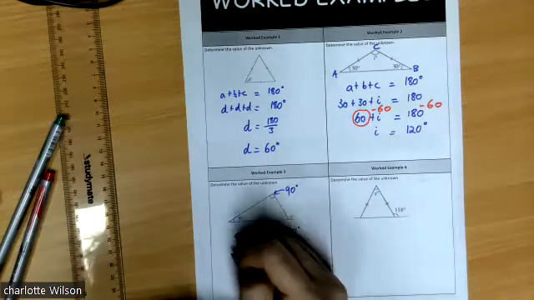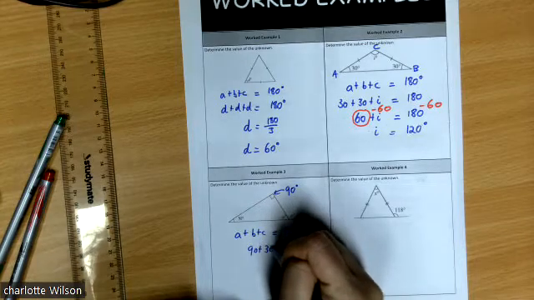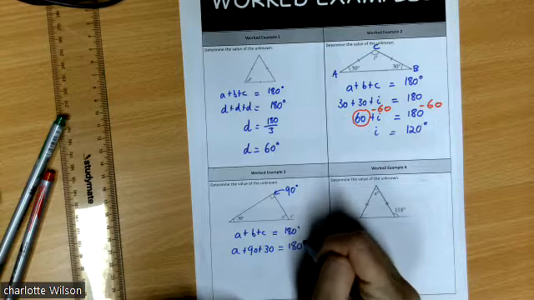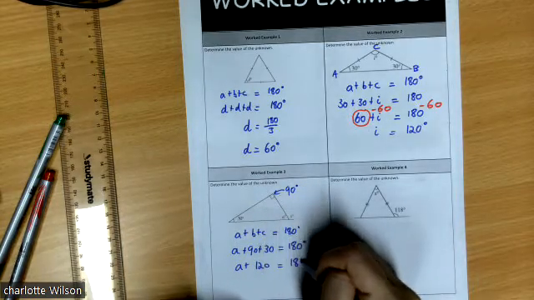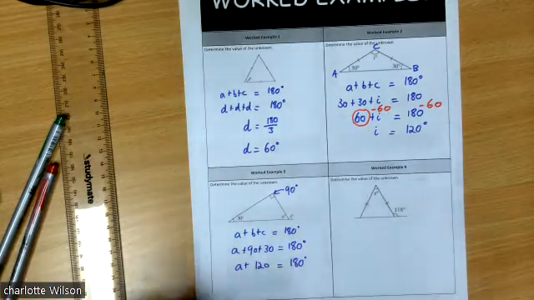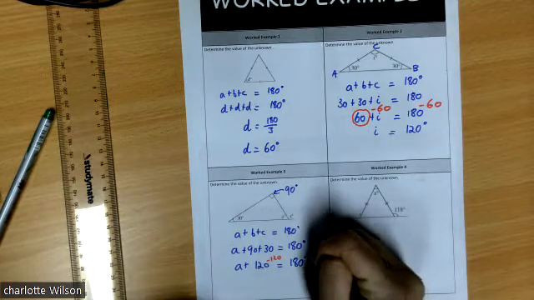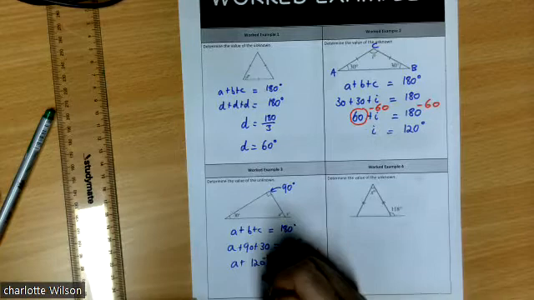We know that angle B and C are 90 and 30. And angle A is our unknown. 90 plus 30 is 120. So A plus 120 is 180. To move 120 to the other side, we need to subtract 120. And so A is equal to 60 degrees.